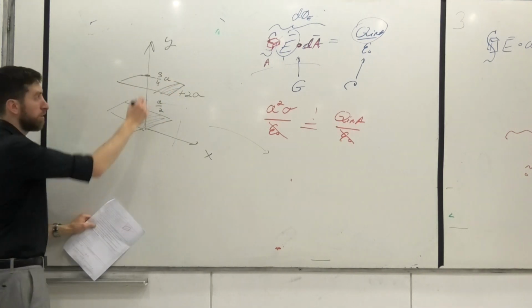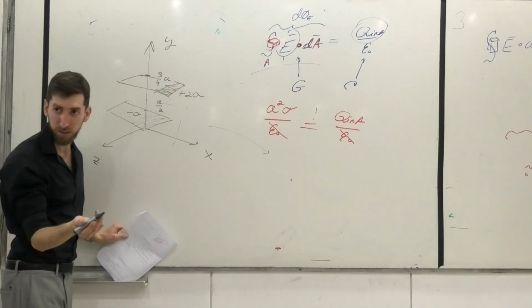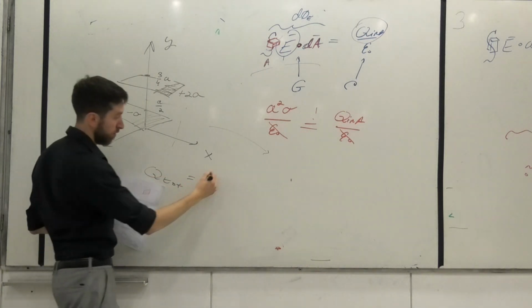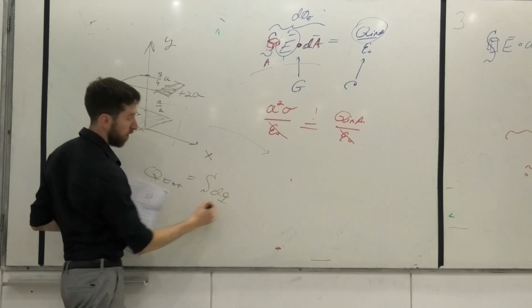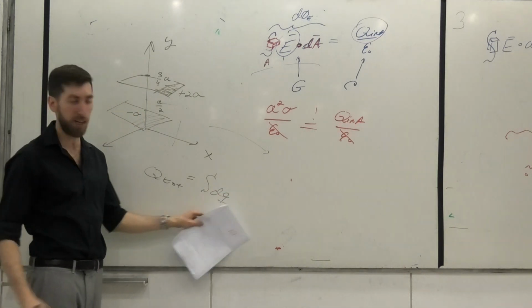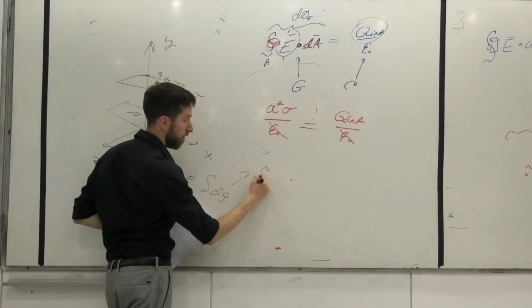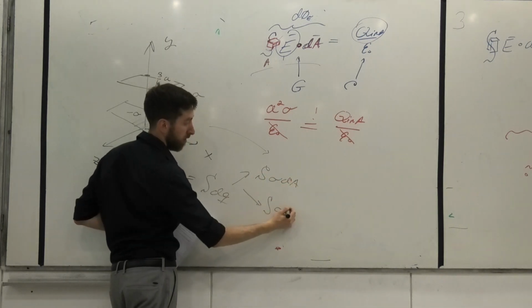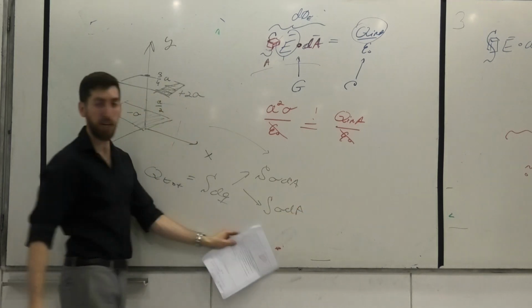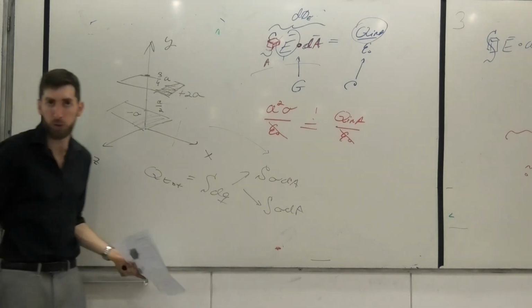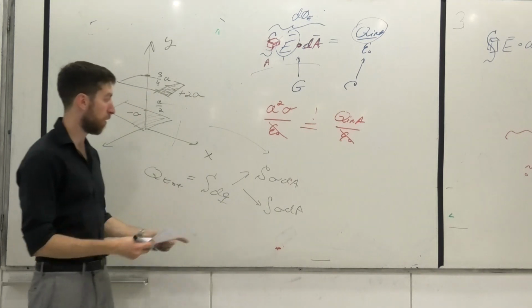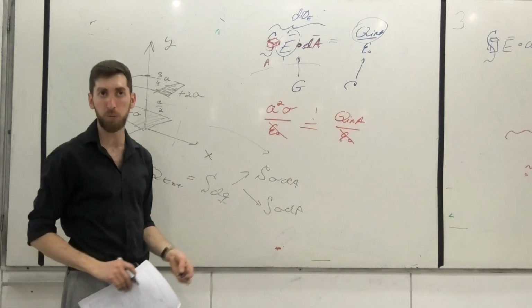Sum it up, Q total equals the whole charge, with contribution from each plate: sigma dA upper plate, sigma dA lower plate, and you would find Q in A. So an equivalent question could go that way.